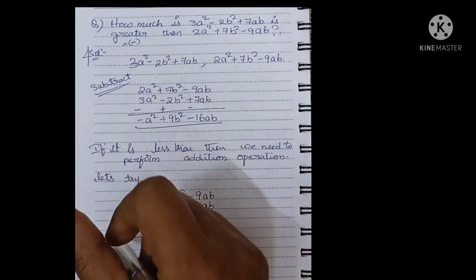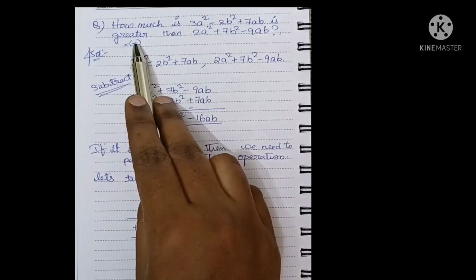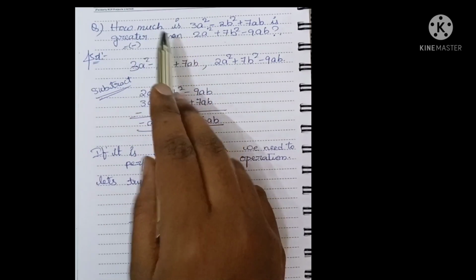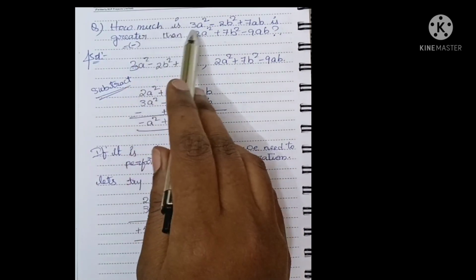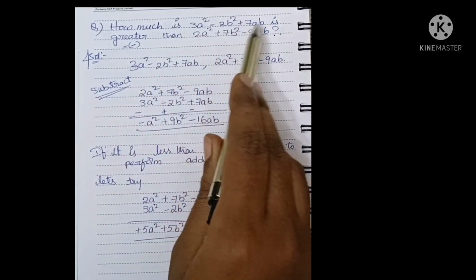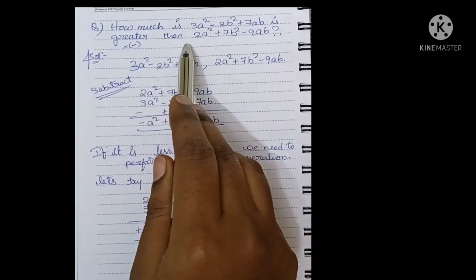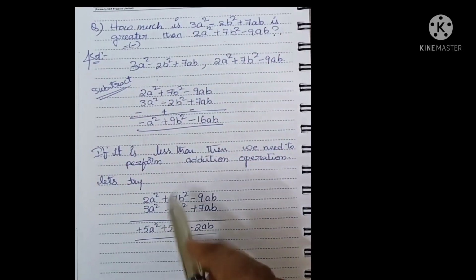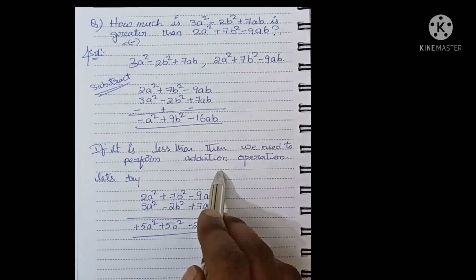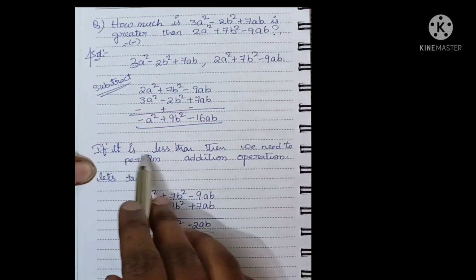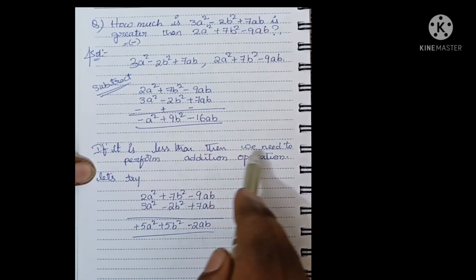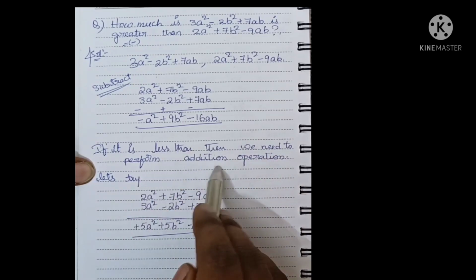If the question is asked like how much is 3a square minus 2b square plus 7ab less than, then we need to perform the addition operation. Let us see how we can do this. If it is less than, then we need to perform addition.